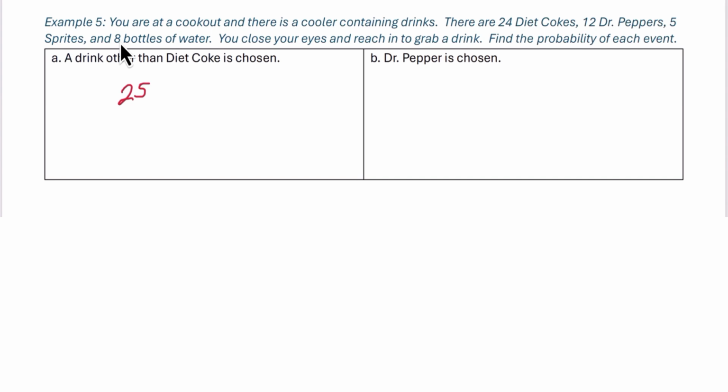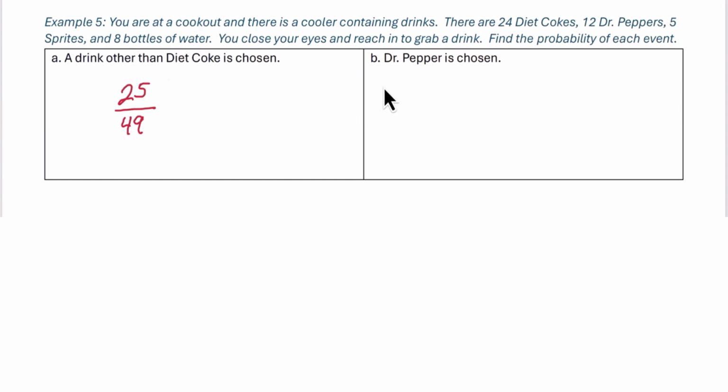But now we have to add up the total number of drinks that we have to choose from. 24 plus 12 is 36, plus 5 is 41, plus 8 is 49. So the probability of getting a drink that is not Diet Coke is 25 divided by 49.